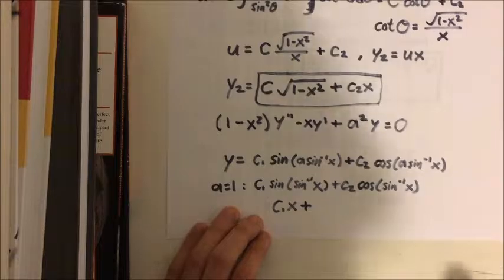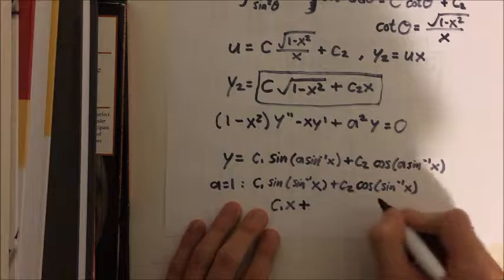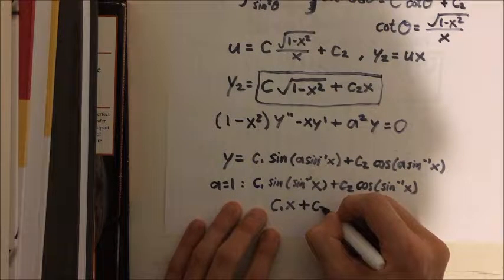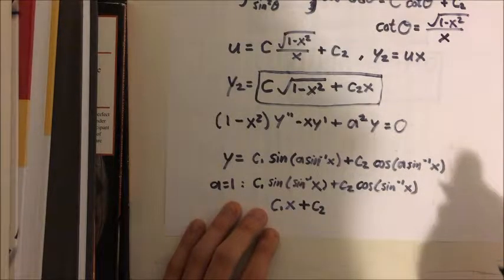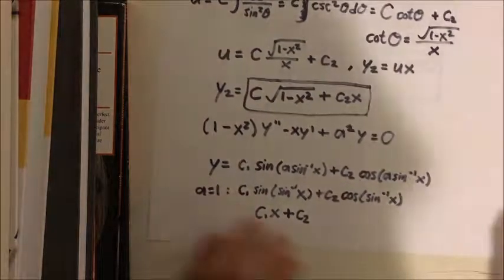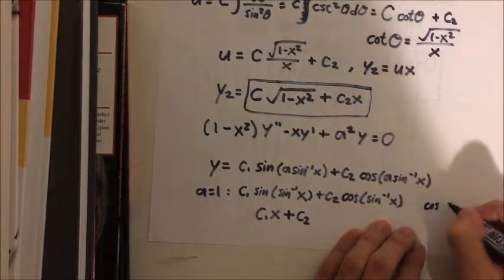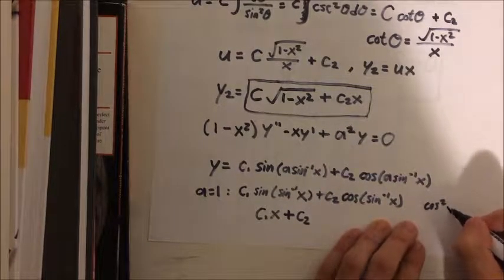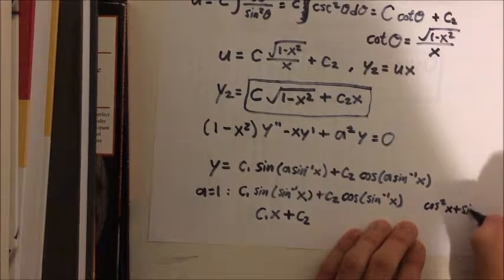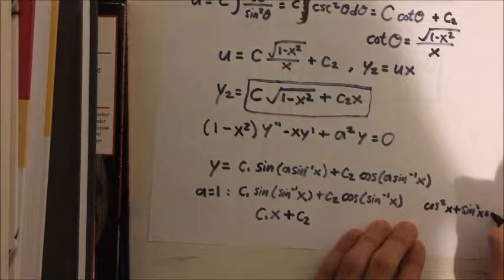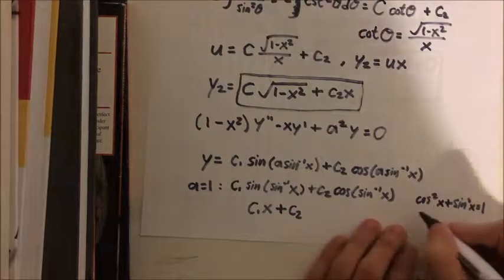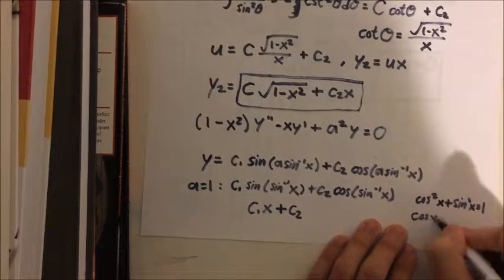And here, c2, this is interesting. So the cosine of the inverse sine. Well, we know that cosine squared plus sine squared of x is equal to 1, which means that cosine of x should equal the square root of 1 minus sine squared of x.